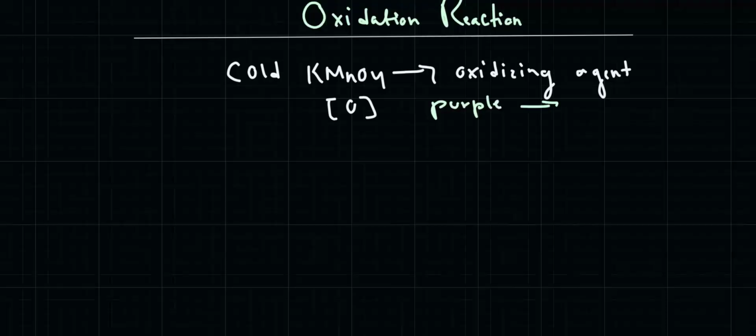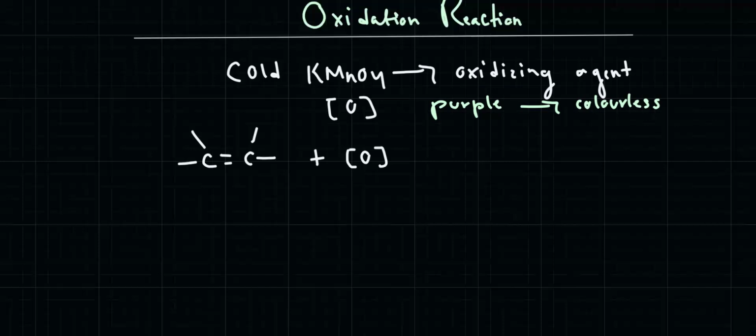Okay. Now, if I have a double bond anywhere, and I'm adding cold permanganate, and by the way, when it's cold, it is also acidified, so you have to mention that as well.